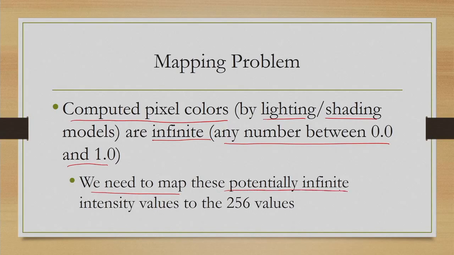So, essentially we need to map these potentially infinite intensity values to the 256 values. This is the problem. Given the size of the number of values that can be represented in a computer, we have to map the potential range of values to those restricted sets.